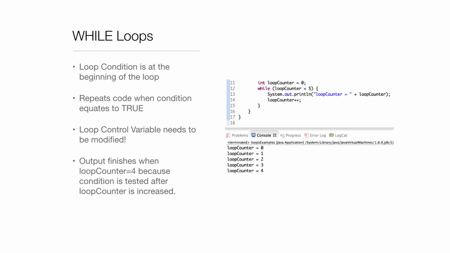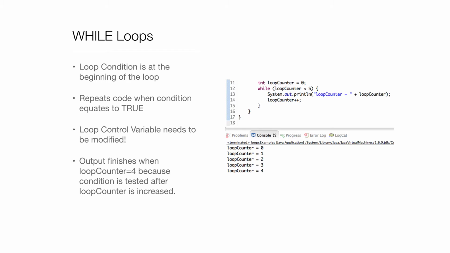But it does test it that way, so you've got to be careful about where you put your code to modify the loop control variable. In this case on line 14, you've got to be careful where you put that. If you swapped lines 13 or 14 around, you'd have different output. It would have a different value.